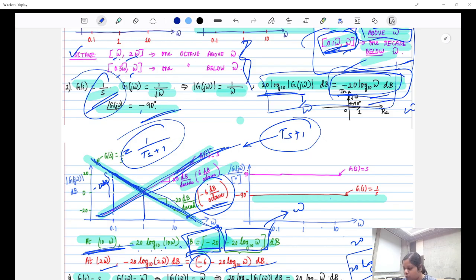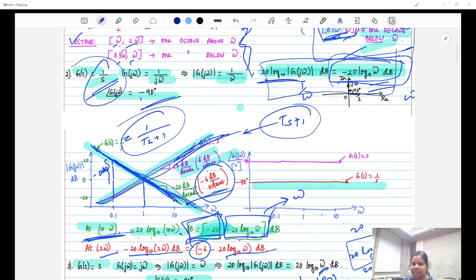So we have a decay of minus 20 dB in one decade. Now to generalize this, you can check in between 10 omega and 100 omega. You'll see there is another minus 20 dB per decade decay. Right. So that's how we say it.